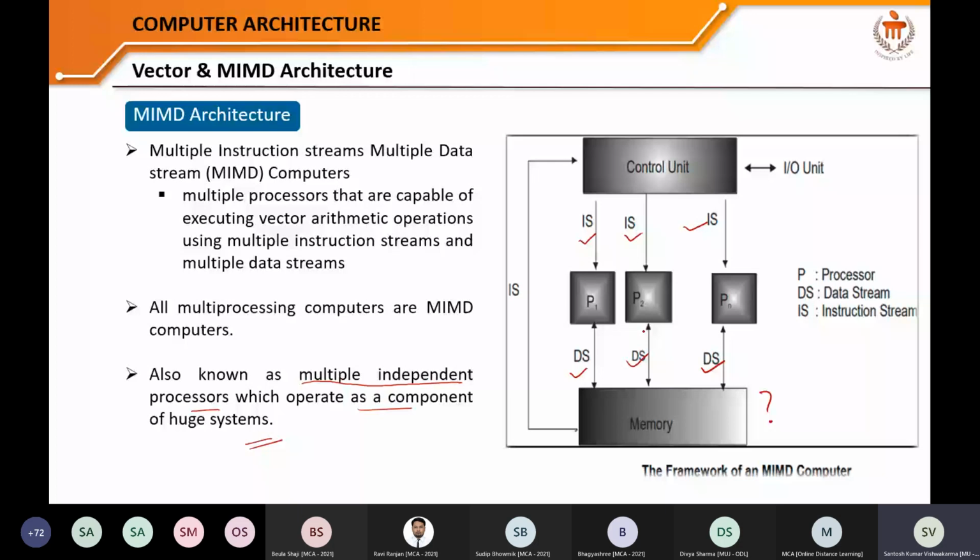Just now I have taught you how uniform memory access works. We have seen the benefits and the working also. Can you trace what the disadvantages of uniform memory access are? Let me interact with you.